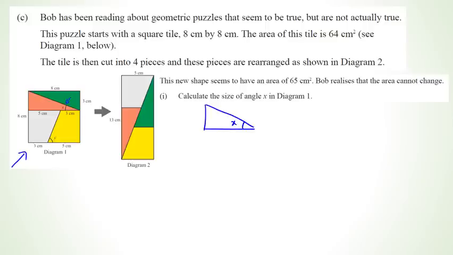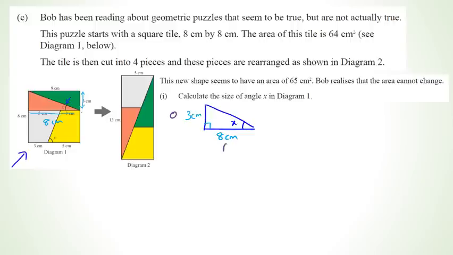Now, the base, which is all the way from here to here, is going to be 8 centimeters, and then the height, which is here, is going to be 3 centimeters. And of course, this is a right angle triangle. So you're trying to figure out the angle.